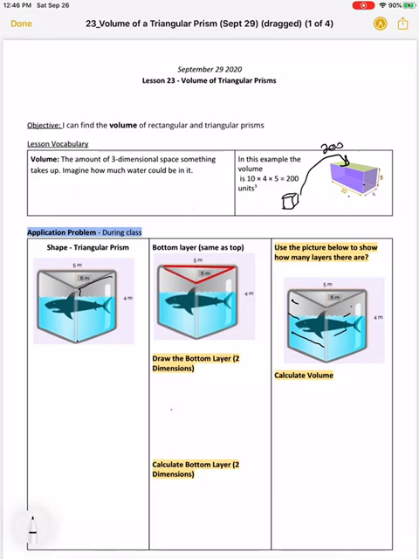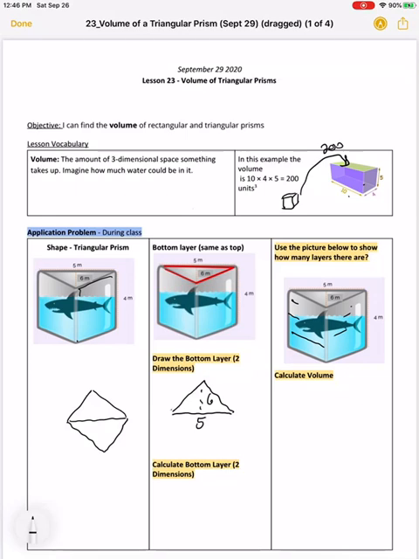And so we could start by just taking a look at that bottom layer. We've got a bottom layer, that's a triangle. And I've got a base of 5 and a height of 6. And so I could just first find the area of my triangle. And I could do that by just thinking about how does a triangle relate to a rectangle or a parallelogram in this case.